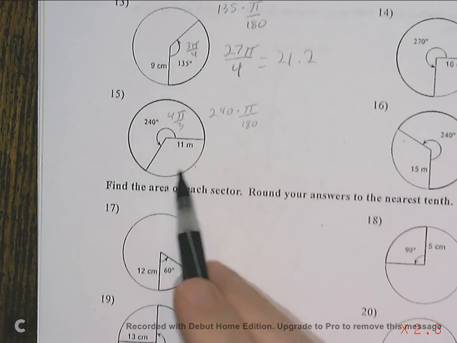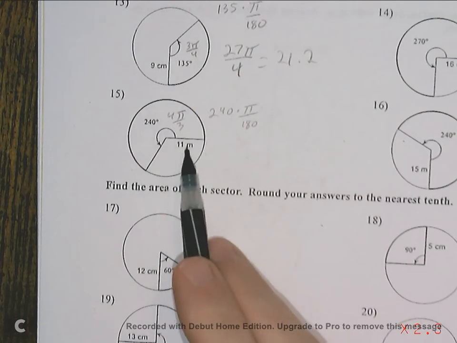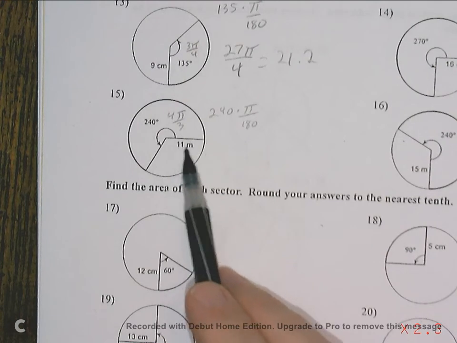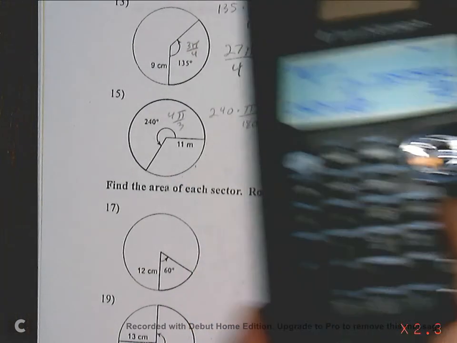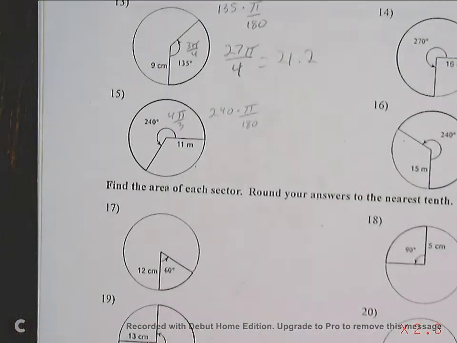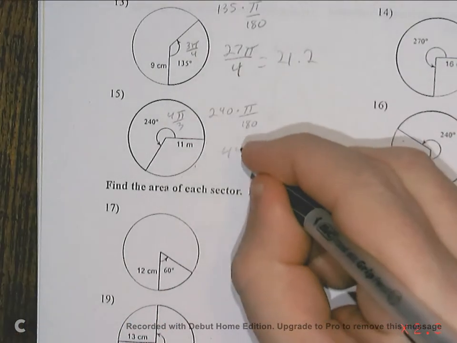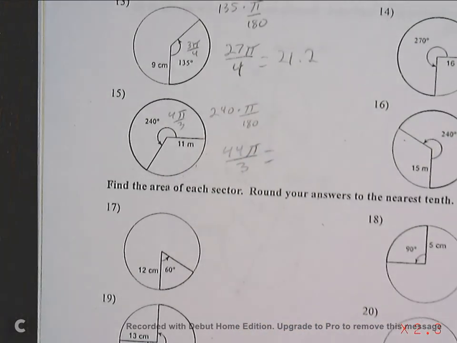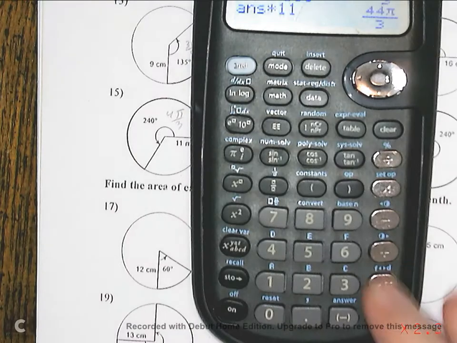And then to figure out what that is as the measurement of the arc, I need to multiply that by the actual length of the radius, which is 11. So times 11, and I get 44 pi over 3. So 44 pi over 3 is one answer, and then rounded to the nearest tenth is 46.1.